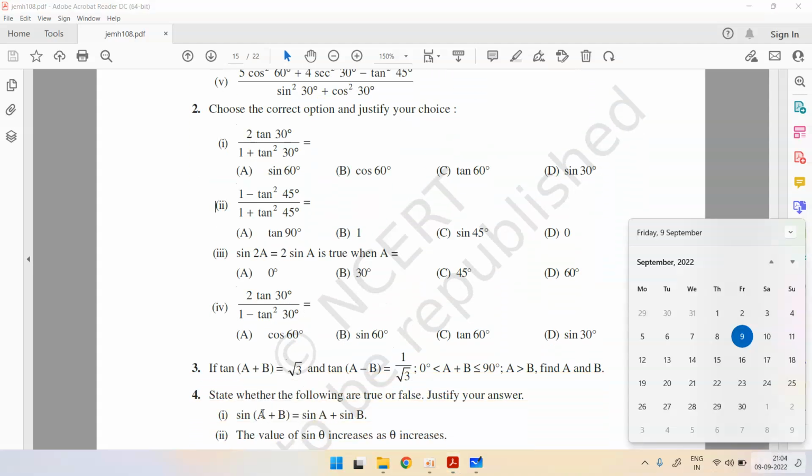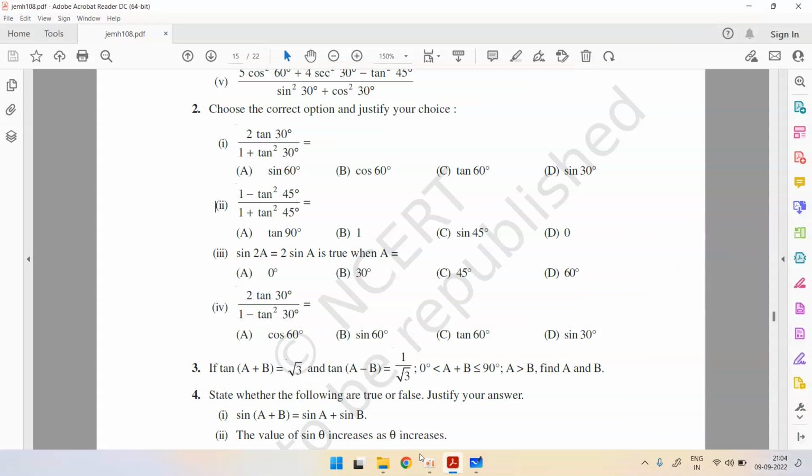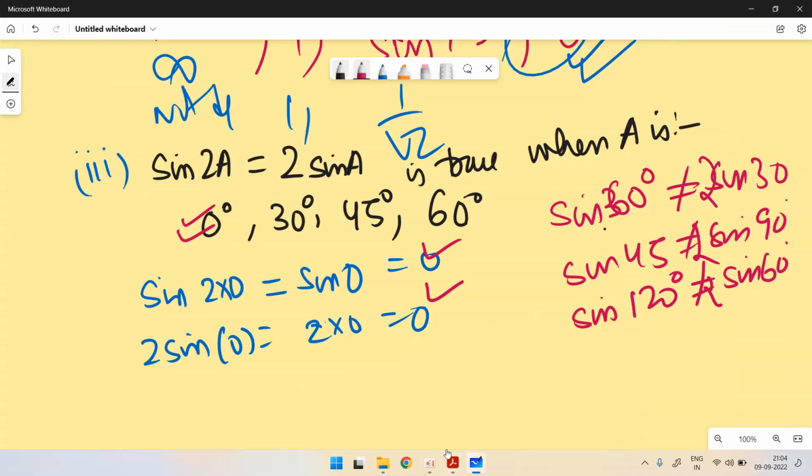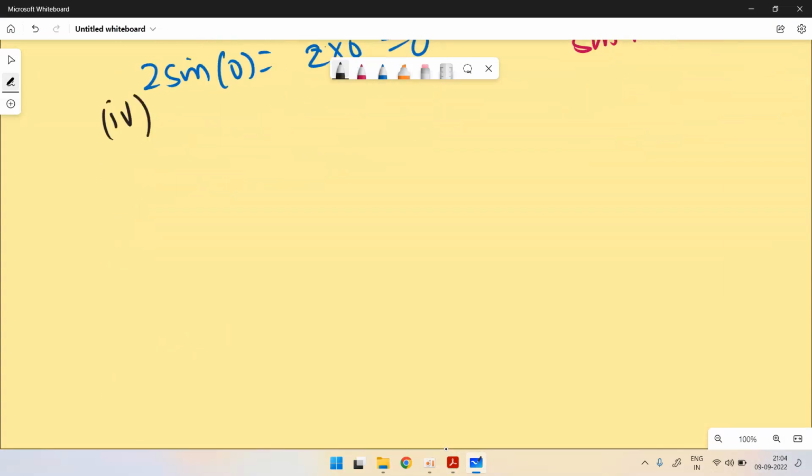Now the fourth part. What is the fourth part? The fourth part says 2 tan 30 degree by 1 minus tan square 30 degree.